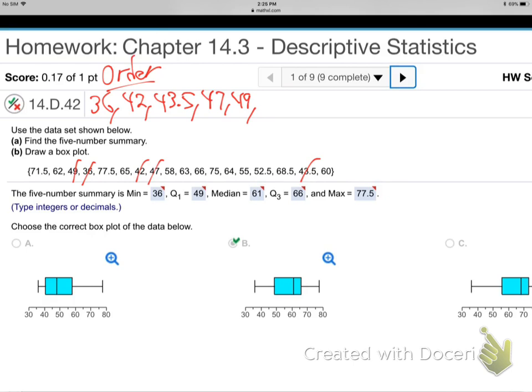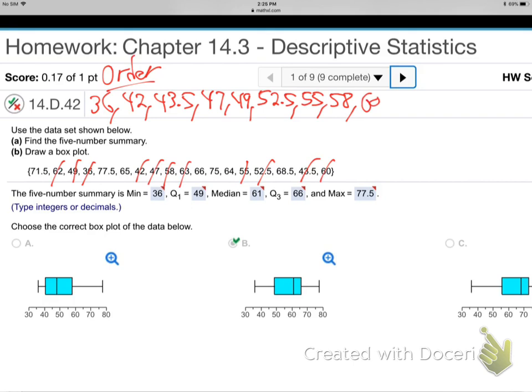Then I see a 52.5. And then 55, maybe. 58, maybe. Yeah. Followed by like 63, no, 62, 62, 63. Oh, did I miss one?